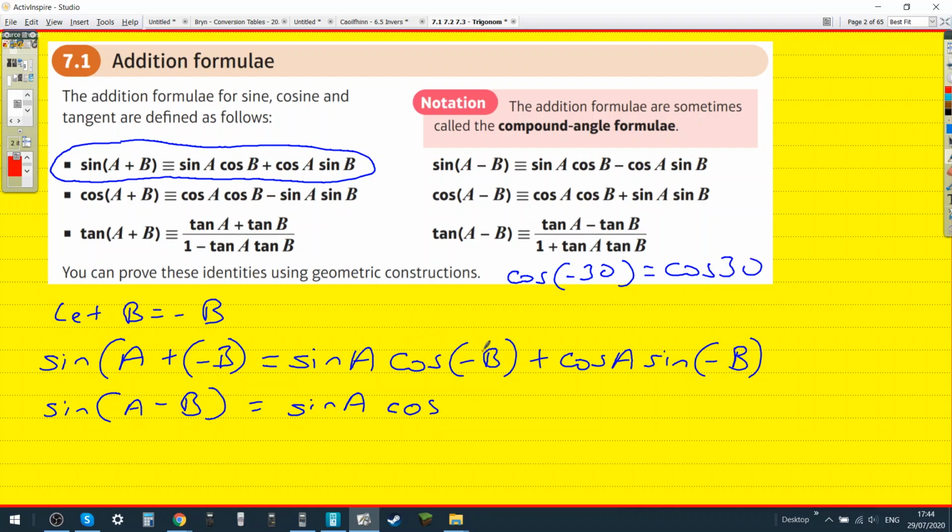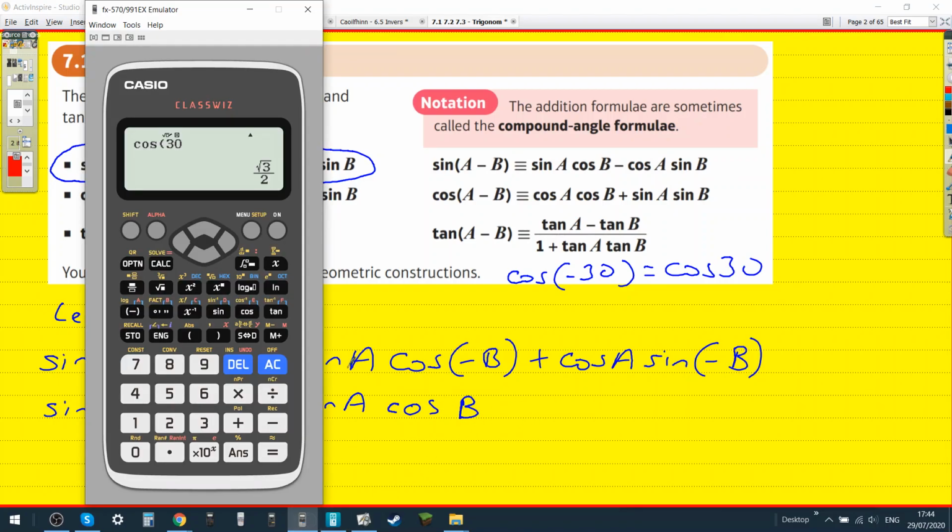In general, cos minus b is the same as? Cos positive b. Cos minus 15 is root 6 plus root 2 over 4. What do you think cos positive 15 is?